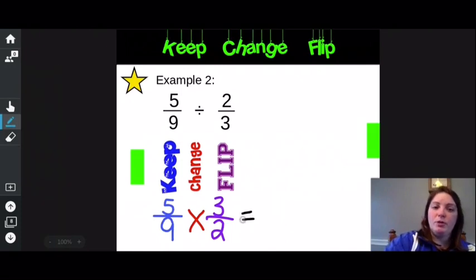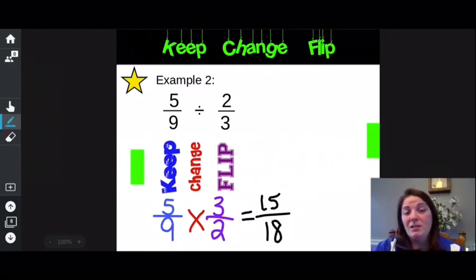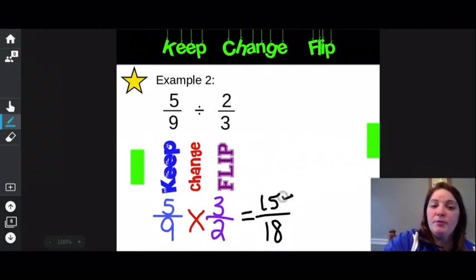5 times 3 is 15. 9 times 2 is 18. Is there a times table that gives you a 15 and an 18? Yeah, your 3 times tables, which means I can simplify this by dividing by 3.